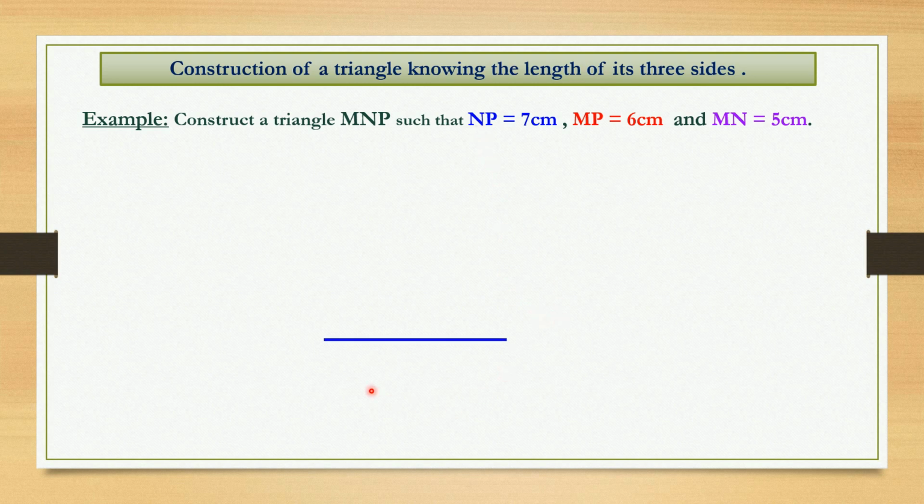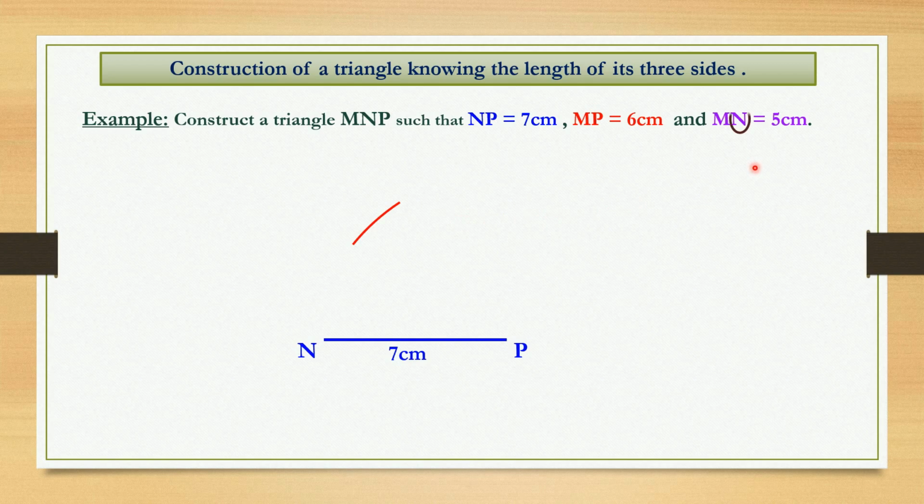First, I draw a segment NP equals 7 centimeters using my ruler. Then using my compass, I draw an arc of center P and radius 6 centimeters. This arc has P as center and 6 centimeters as radius.